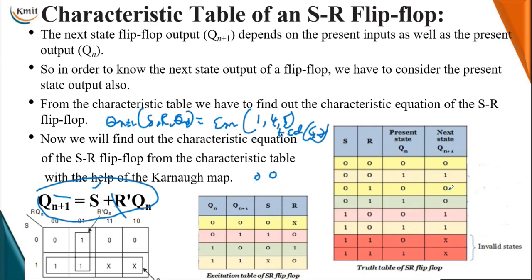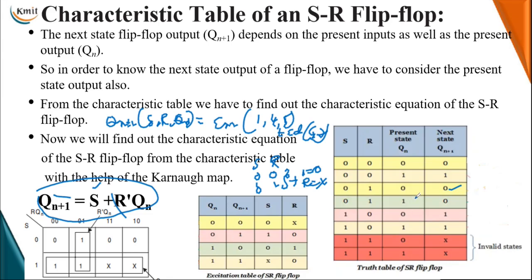Observing these two cases, S is always 0 and R is a don't care. Hence for the 0 to 0 transition, S must be 0 and R might be 0 or 1.